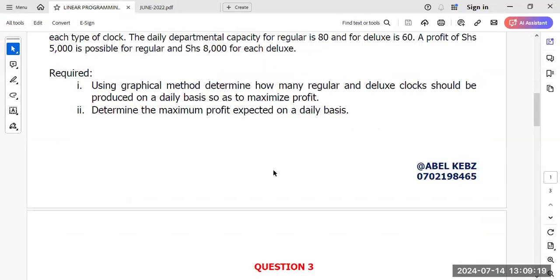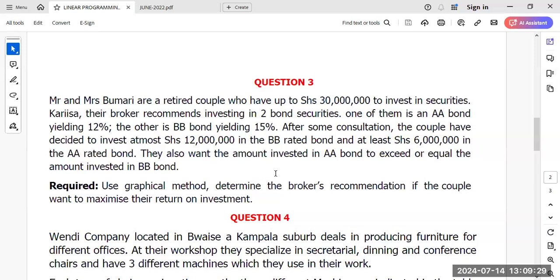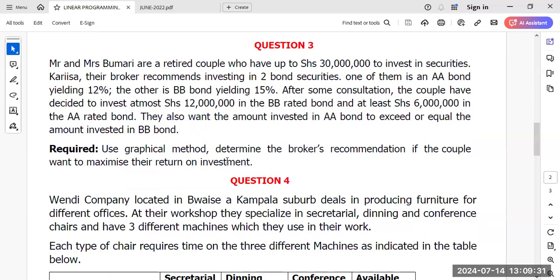Once you formulate a linear programming model, other things are very easy. That's why I'm labouring myself to actually formulate a linear programming model. You need to understand how to formulate a linear programming model.